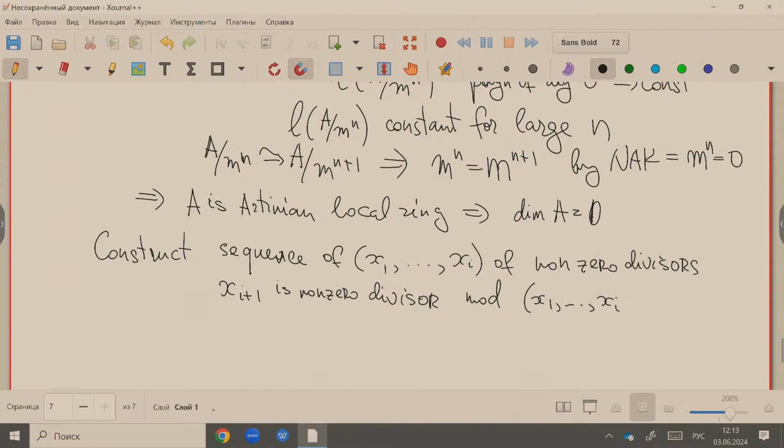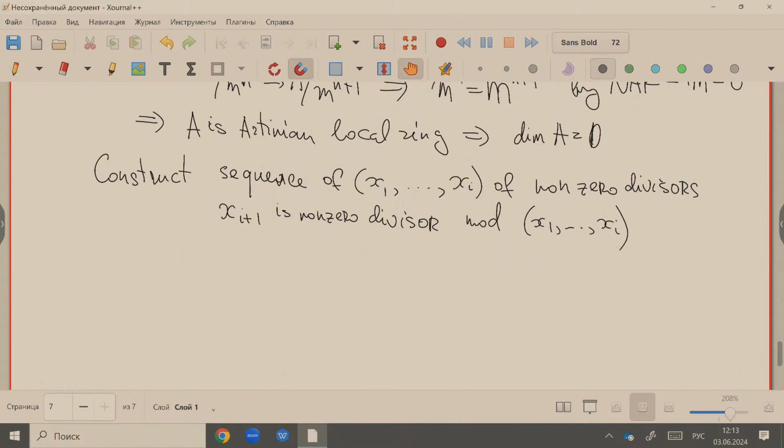And we have already done it when we considered the codimension of prime ideals. So notice that we have done this construction.